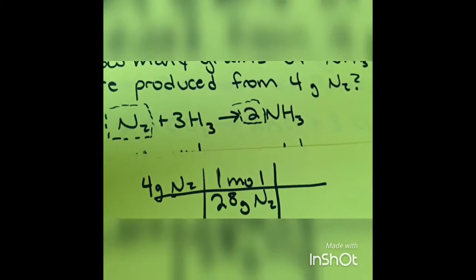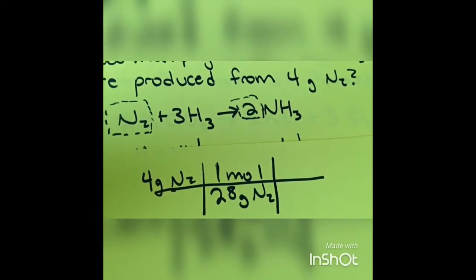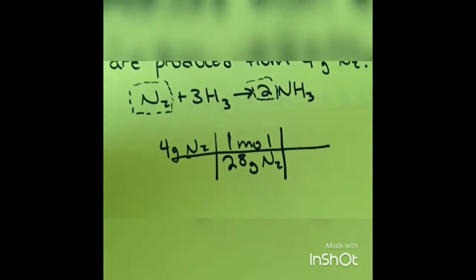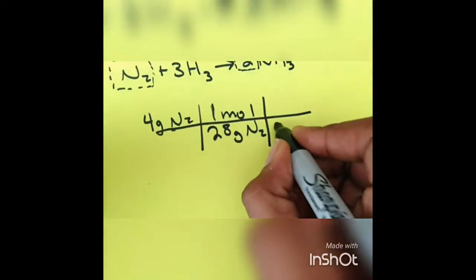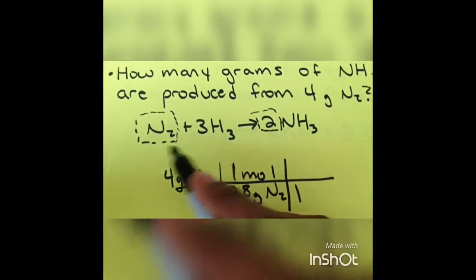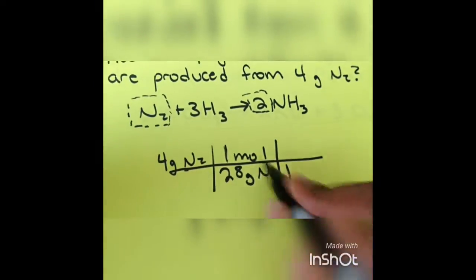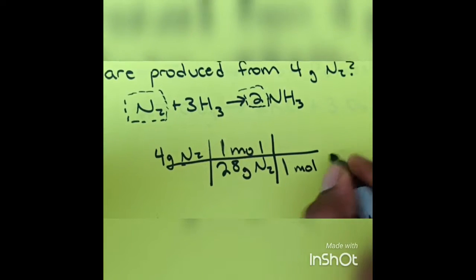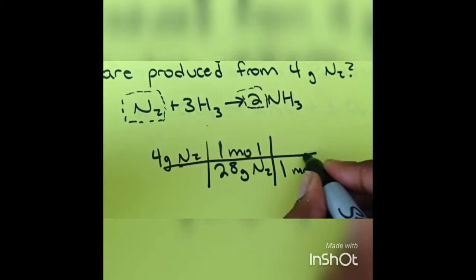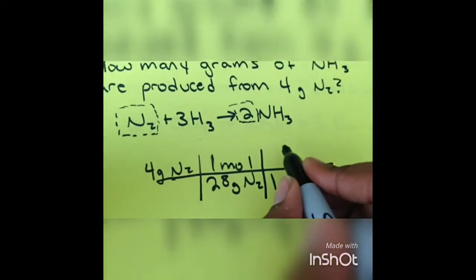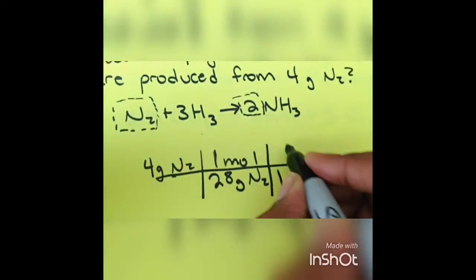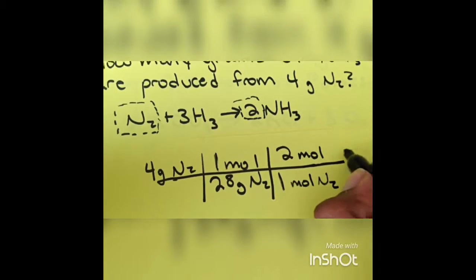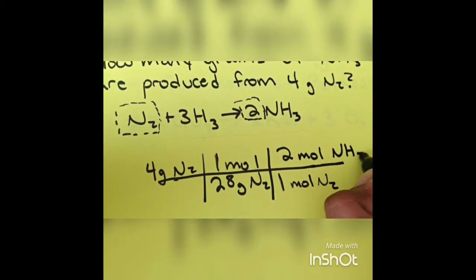Now what do we do? Now we're going to do our Stokes step, as I like to call it. You're going to put 1 mole of N2, because all of this is still N2, and you're going to put 2 moles of NH3.